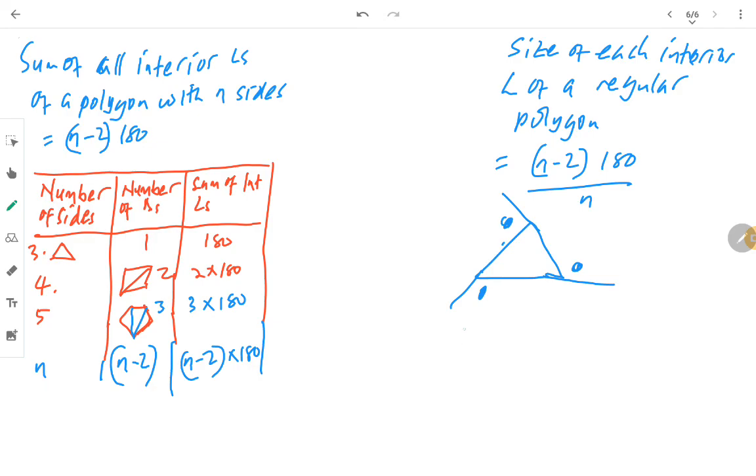So we are saying that an exterior angle, irrespective of the number of sides, is always 360 divided by n. Which means I can also say that the interior angle is the same as 180 minus 360 over n.